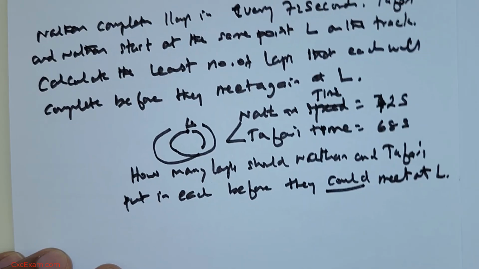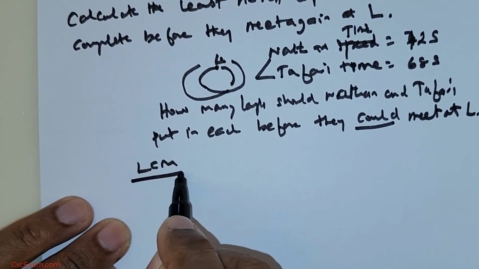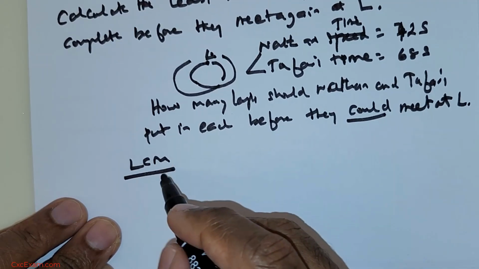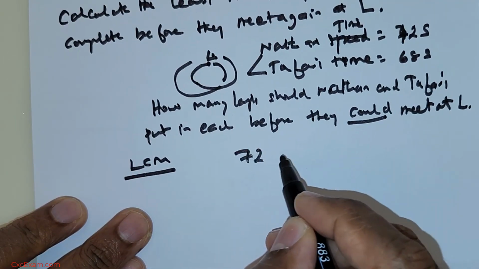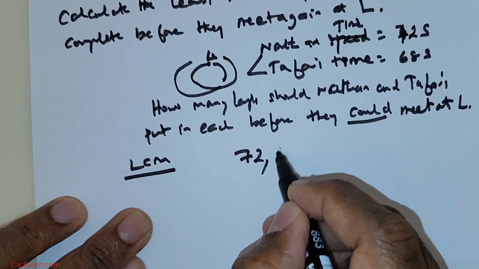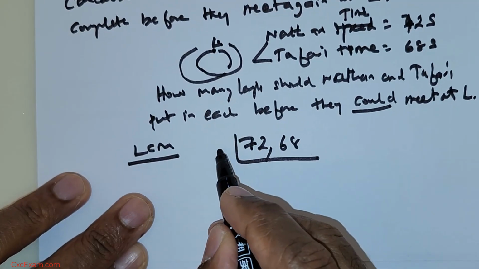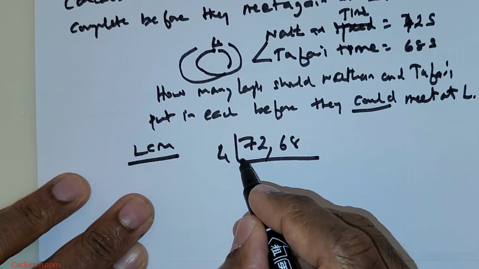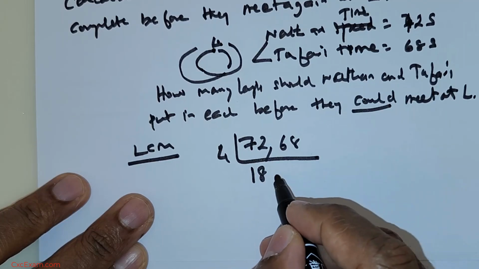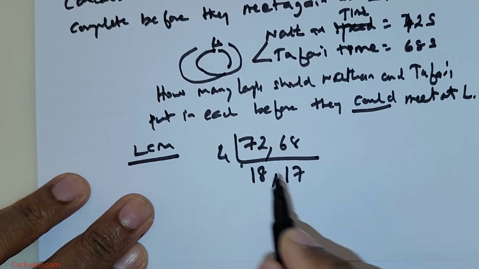For that we will have to use this mathematical tool called LCM. So we find the LCM of the two times 72 and 68. This is the time by Nathan, this is the time by Tafari. So you divide by 4. This will be 4 ones are 4, 4 eights are 32, 4 ones are 4, 7 fours are 28.